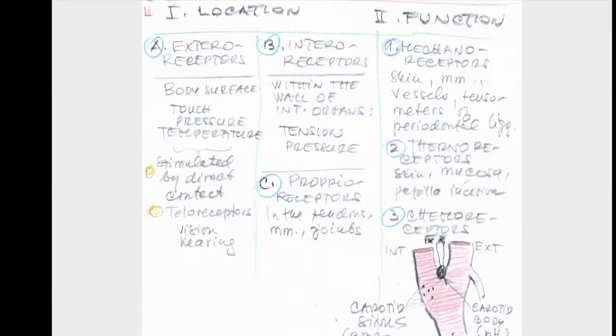In chewing, the micro movements of the roots are controlled by the tensometers of periodontal ligaments in the alveoli. The second category are the thermoreceptors, registering the temperature, typical for skin and mucosa. In the oral cavity the well-known elevation of mucosa is called papilla incisiva, the incisal papilla.